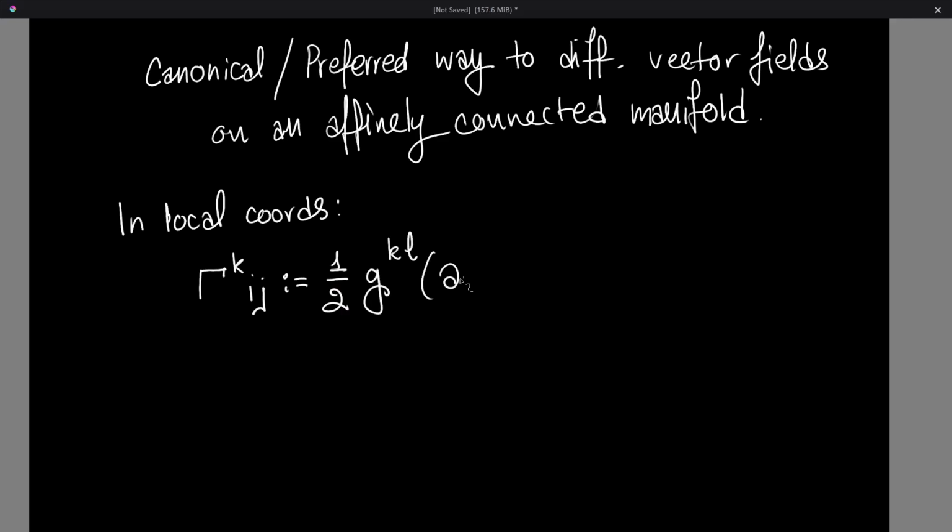So we've got partial i of g j l plus partial j of g i l minus partial l of g i j. So I haven't actually defined what these things are, g j l.